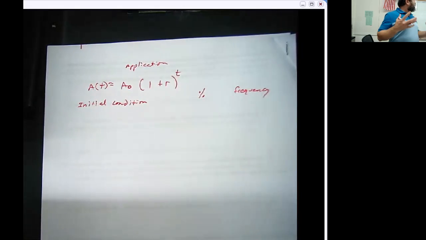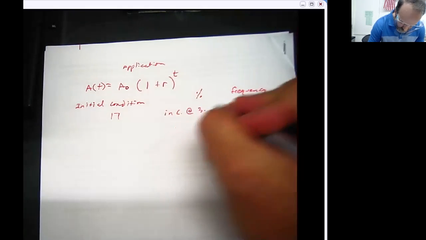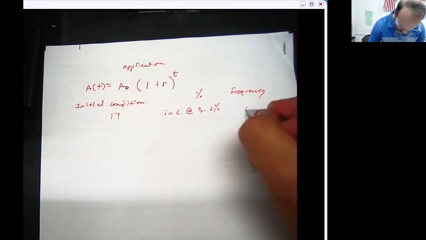I'm going to try to make this kind of formulaic so we don't have to write every single one out. In a normal textbook, we'd write a whole paragraph describing this whole series of events. So let's say you had 17 of something. It doesn't matter what that something is. And we're increasing at 3.2% per year.